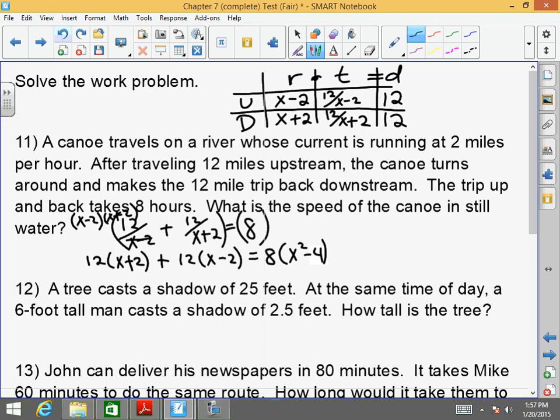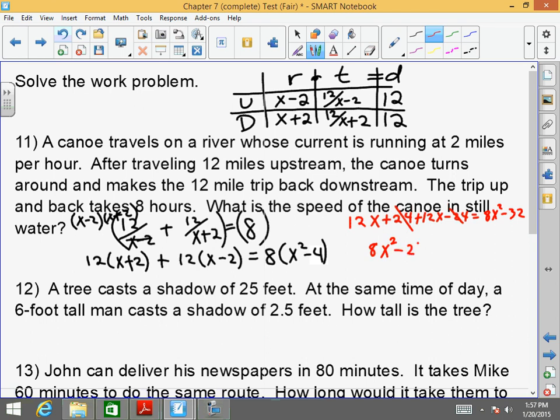So when I clean this up, this is 12x plus 24 plus 12x minus 24 equals 8x squared minus 32. These 24's cancel, so I've got 8x squared. That's a plus 24, but I got to bring it to the other side.